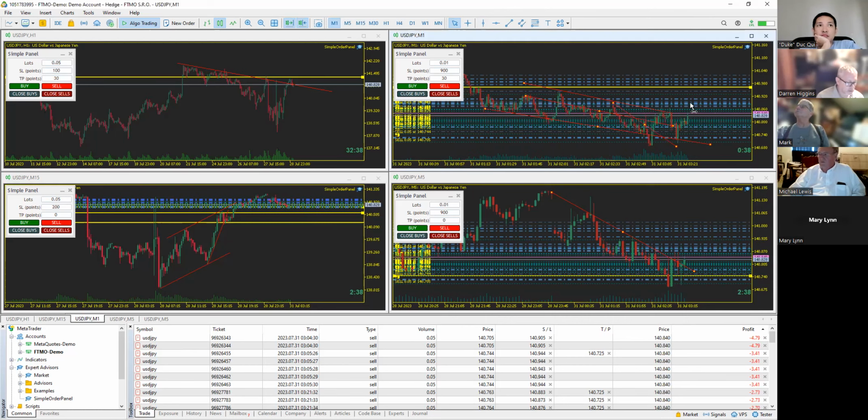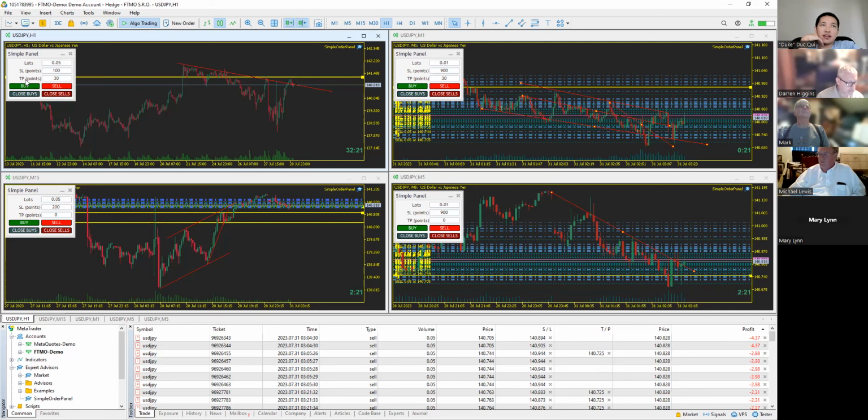So these are my stop losses here, and I'm going to buy into it. 1, 2, 3, 4, 5, 6, 7, 8, 9, 10. So as I lose on the way down with these trades, I'm going to profit on the way up with these buys. 5, 6, 7, 8, 9, 10.